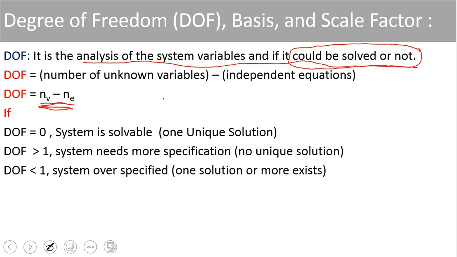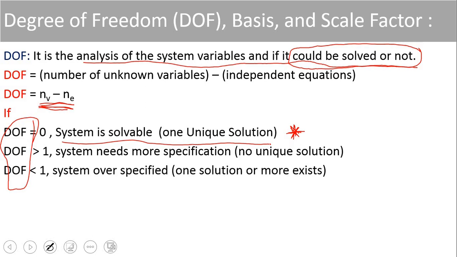So let's move on. After you solve the degree of freedom equation, there are three possible outputs: it's either 0, less than 0, or higher than 0. If it is 0, which is the ideal and what we want, the system is solvable and one unique solution exists. So you always want the degree of freedom to be 0.